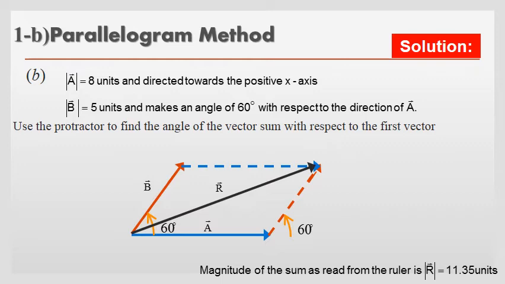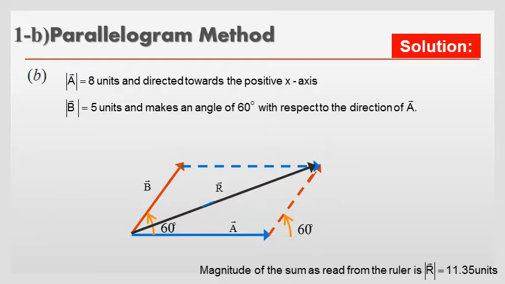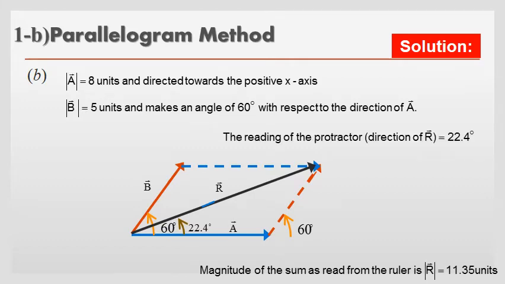To draw the direction, the angle of the resultant vector, we use the protractor and then we assign an angle for it like this, and this angle turns out to be 22.4 degrees, which represents the direction of the sum.